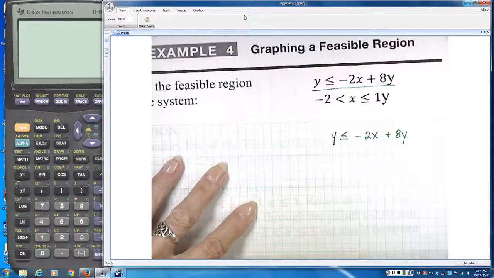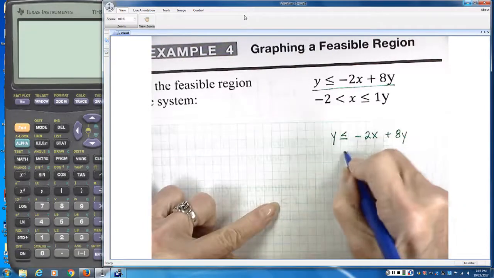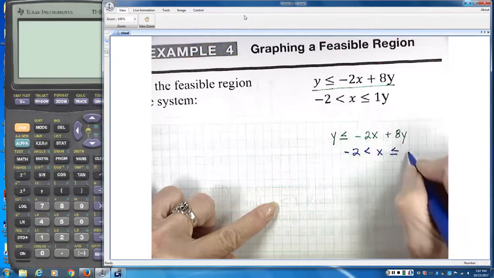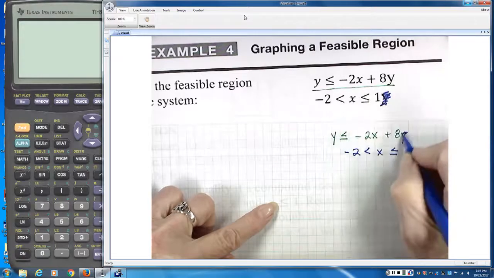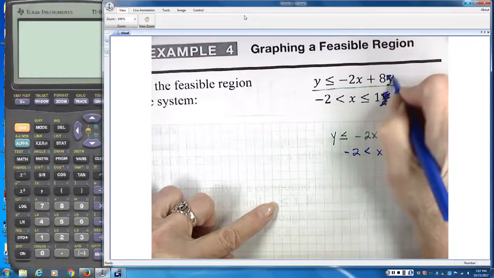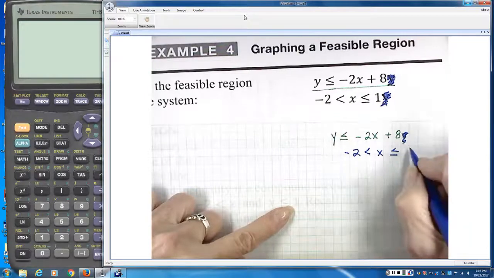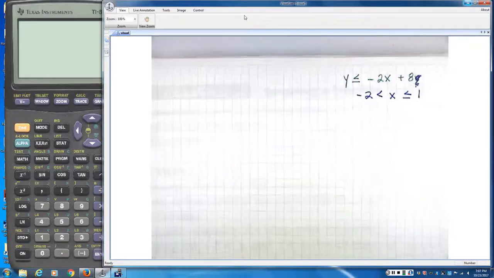And then our other inequality is negative 2 is less than x is less than or equal to, and that y is not supposed to be there on either one of these. I have no clue why my printer printed those off. That should be just 1. So let's look at how we would go about graphing these.